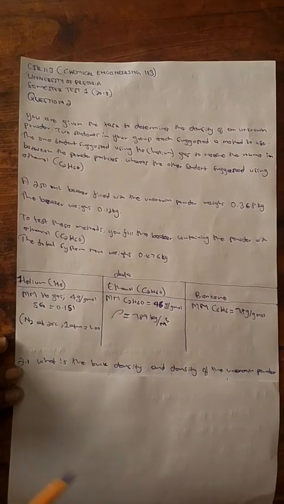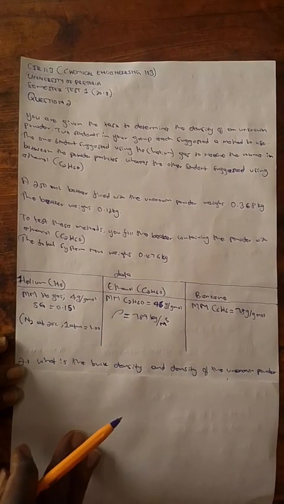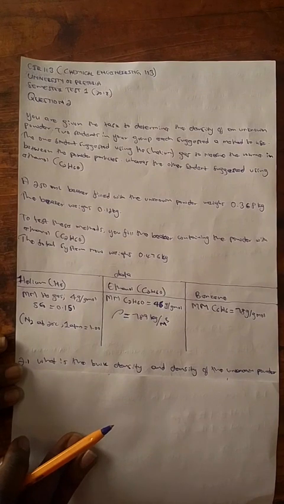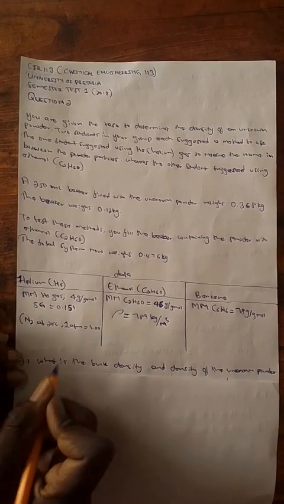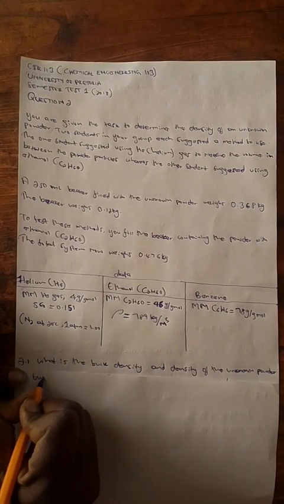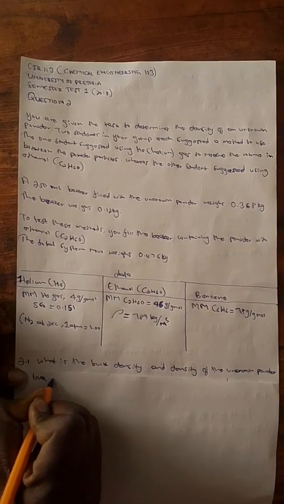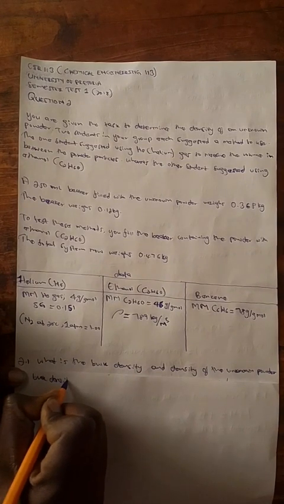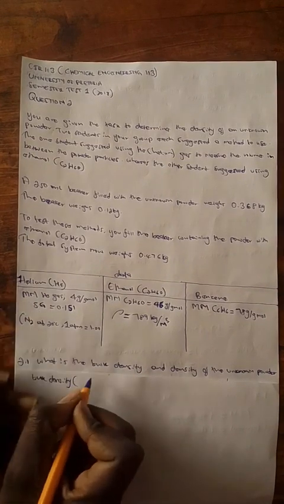So question 2.1 says, what is the bulk density and the density of the unknown powder? So bulk density, let me just write down the equation of bulk density here. Let me be specific.